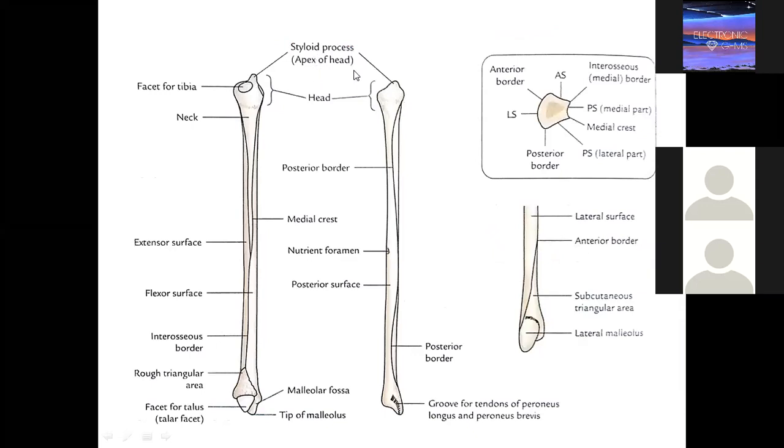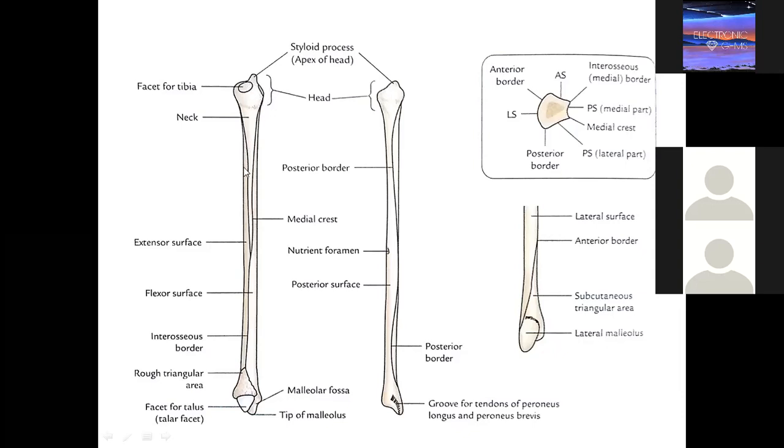Okay, styloid process. Then now see, we already know the fibula is the lateral bone. So on the medial aspect of the fibula, that means on the medial surface of the fibula, you will see an articular facet for the tibia, isn't it, for the formation of the superior tibiofibular joint.